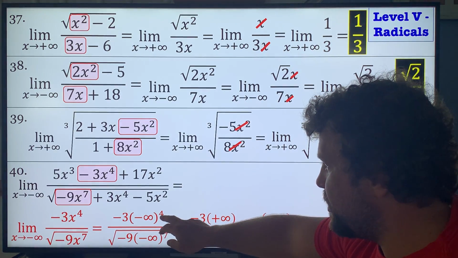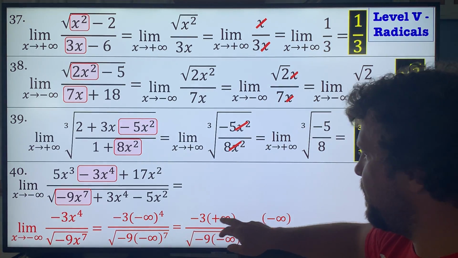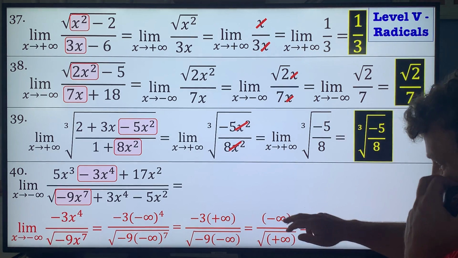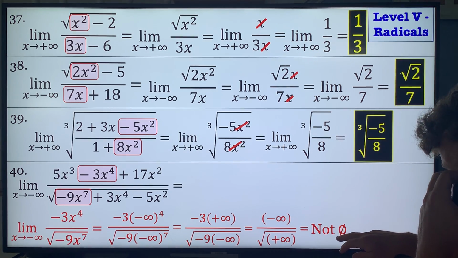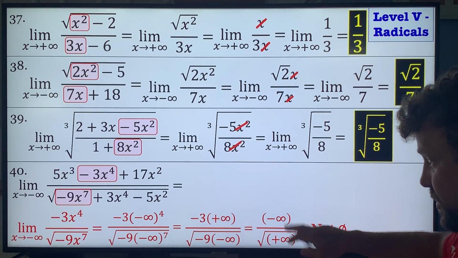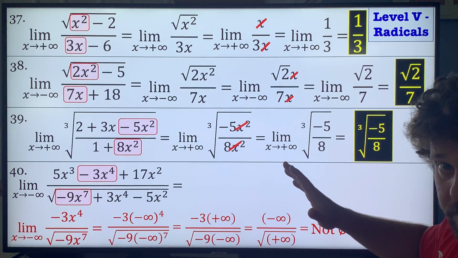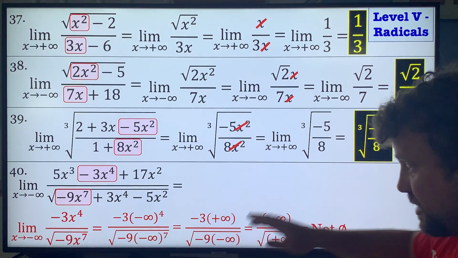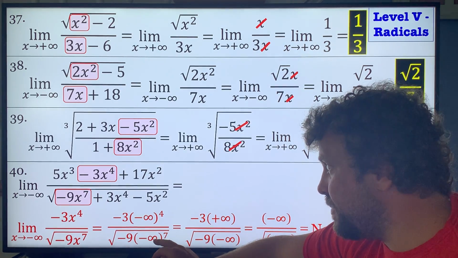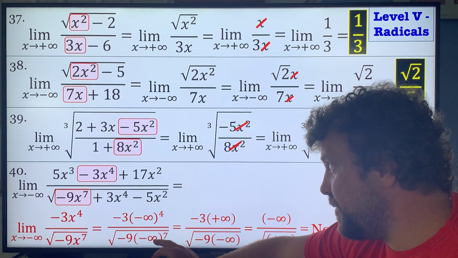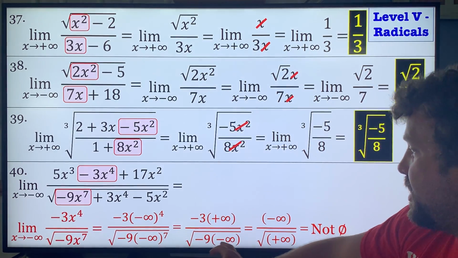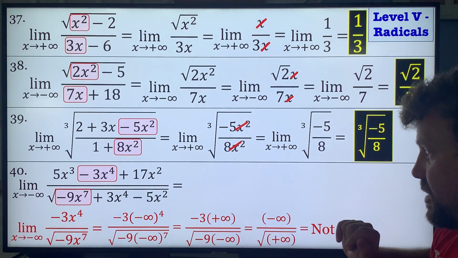Negative infinity to the 4th is positive times a negative, so I'll have a negative over the radical of a positive. So my answer should be negative. That makes sense? Because I have 8 negatives on the bottom when I solve it out before reducing anything, the bottom is going to be positive.